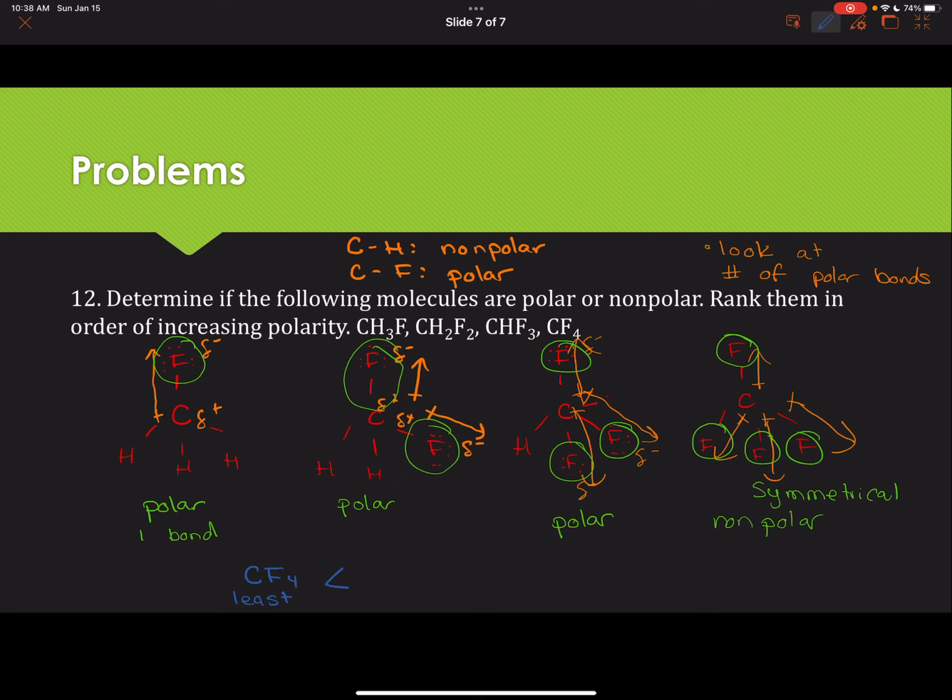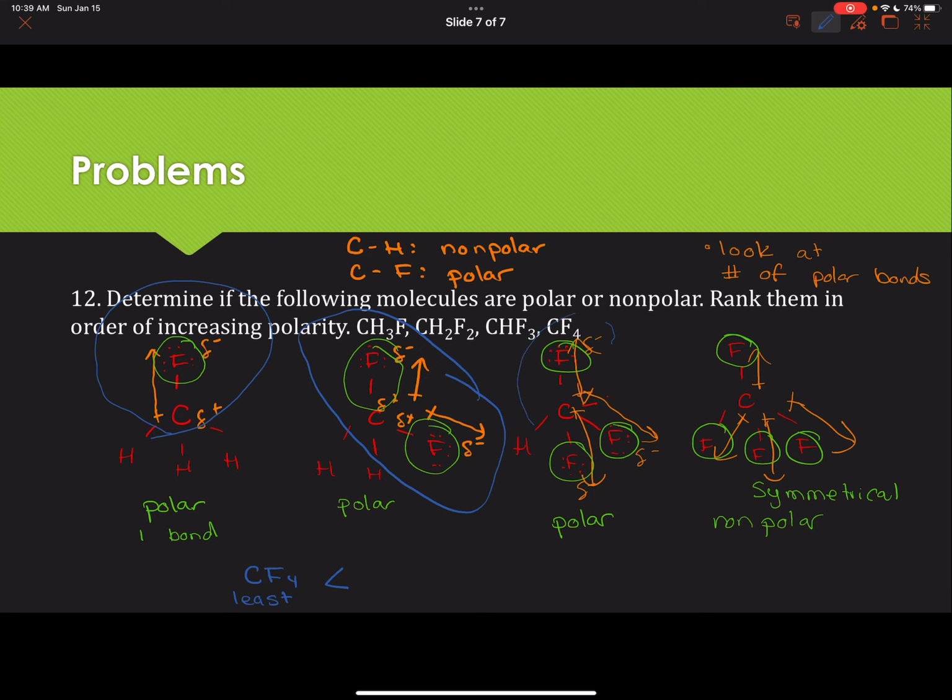Now, my molecule with one polar bond has my electrons being pulled very strongly towards that one fluorine. So we have this strong pull towards one corner. As we have more polar bonds, the electrons kind of spread out across the molecule. Now they're spreading out across two corners of my tetrahedron.